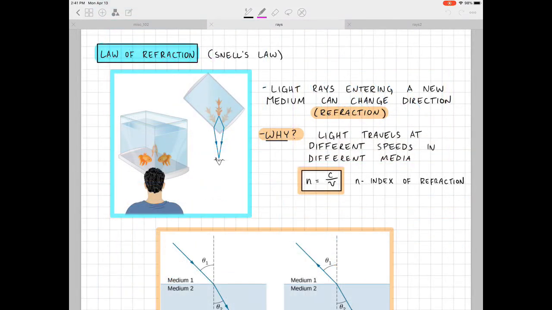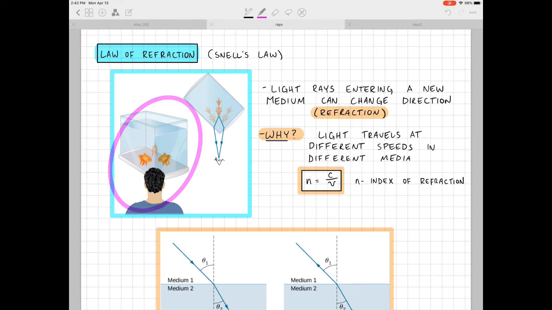And what about the other possibility, that the rays pass into the new medium? Well, that's described by the law of refraction, or what's often referred to as Snell's law. And so I've got this picture from the book. I've got somebody looking into a fish tank, and by looking into the fish tank, the person is able to see multiple images of the fish that's inside.